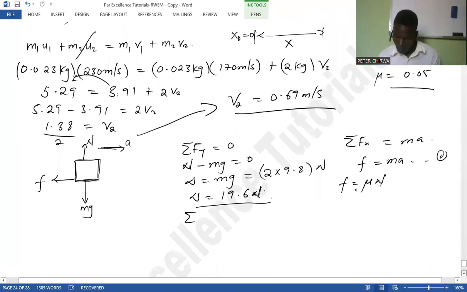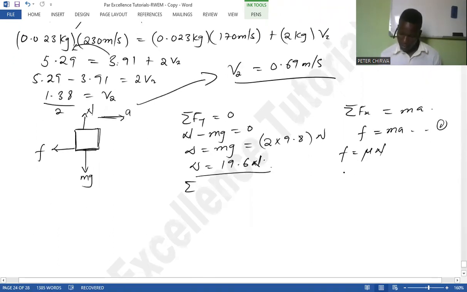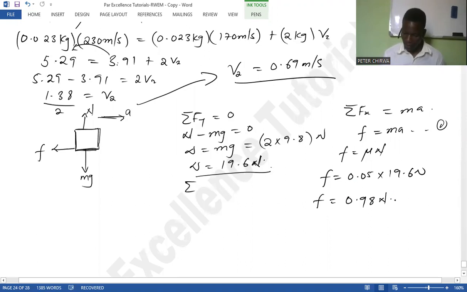So this friction force is equal to 0.05 times 19.6 Newton. So the friction force is 0.98 Newton.